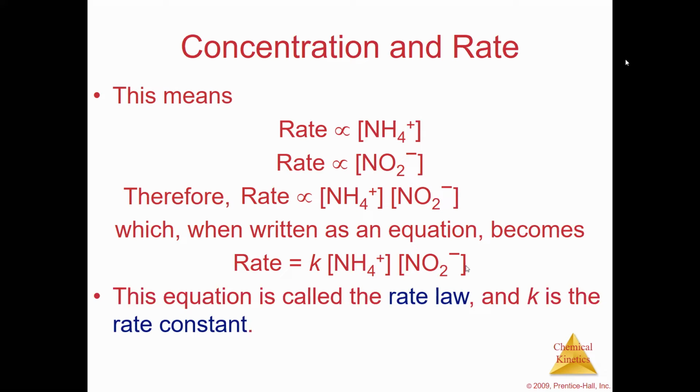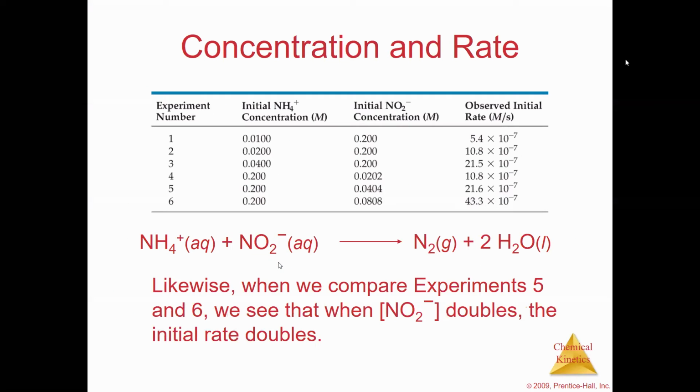Now, how we get these little exponents called the order. Let's go back to our data. So when we looked at experiment 1 and 2, and there's a sample problem or two in your book, I think this might be 14.3 though. Divide your bigger number by your smaller number. So 0.02 divided by 0.01.